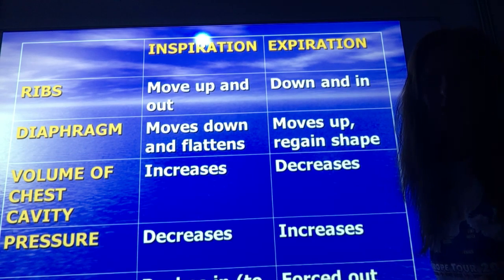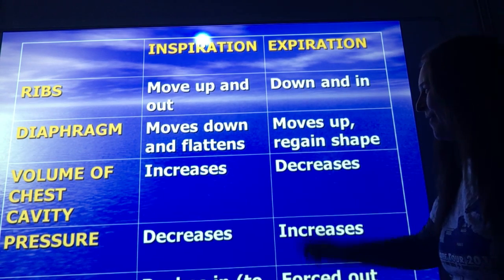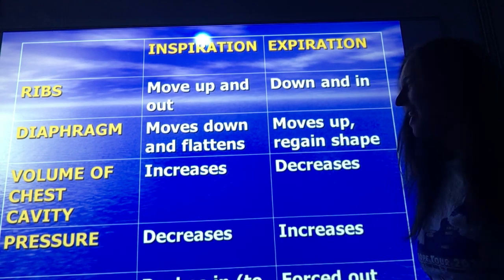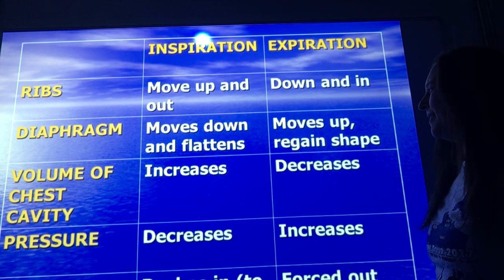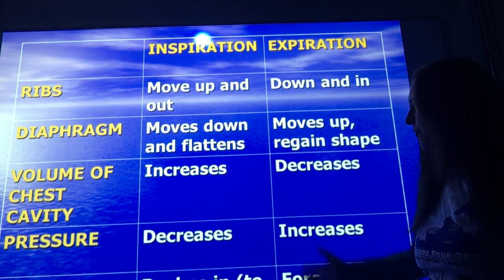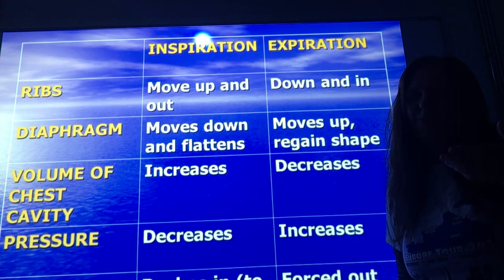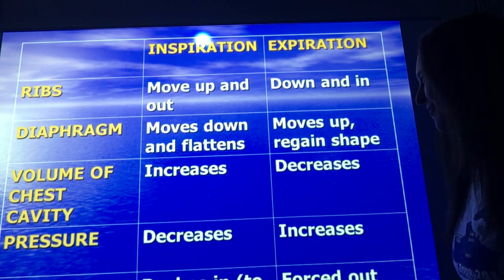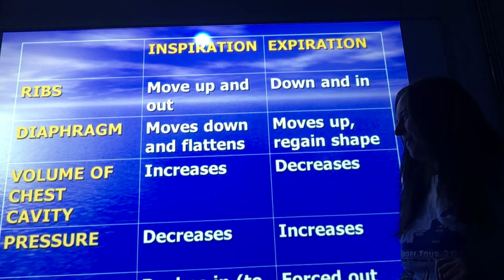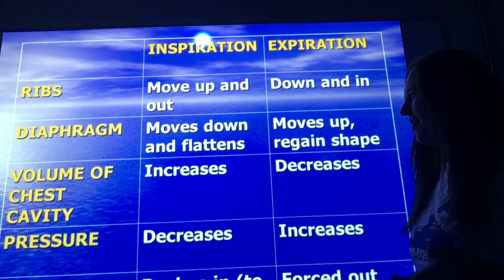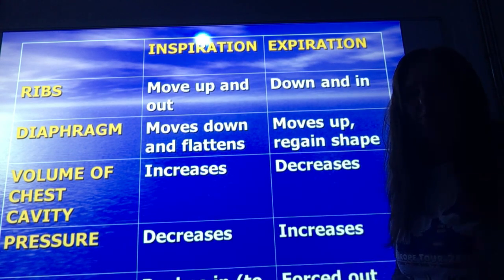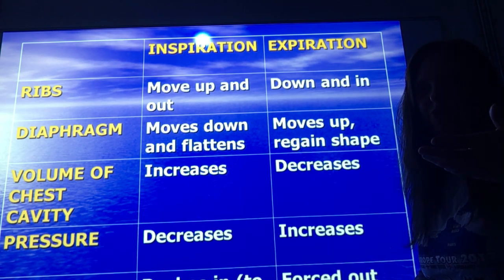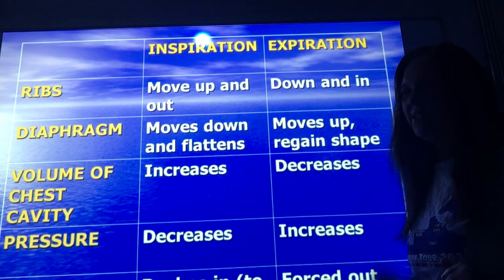Those of you who took Chemistry 30S remember we talked about Boyle's Law, and I showed a video about how it is connected to inspiration and expiration. A lot of this is volume and pressure dependent. Volume and pressure have an inverse relationship: when you increase volume, you decrease pressure, and when you decrease volume, you increase pressure.